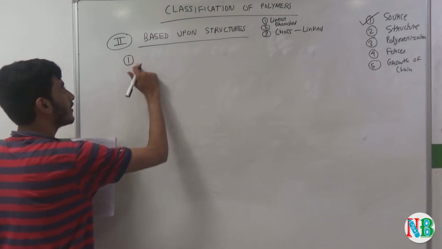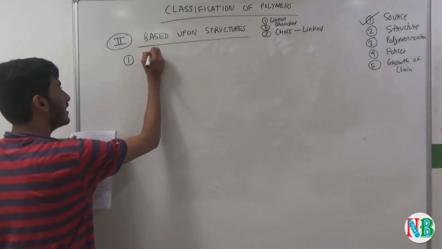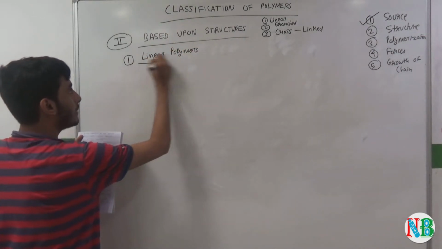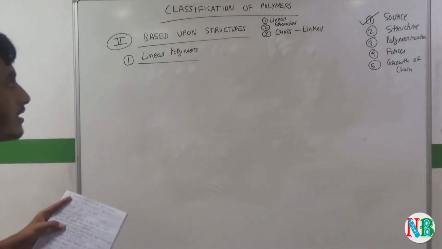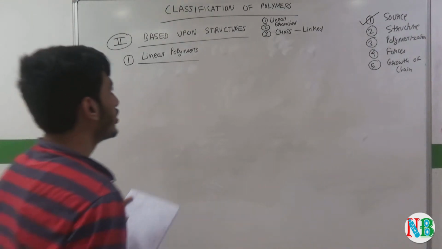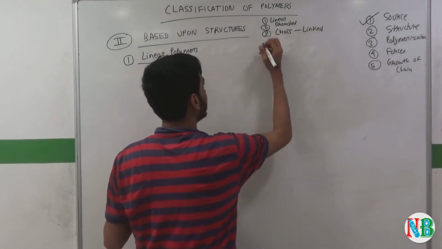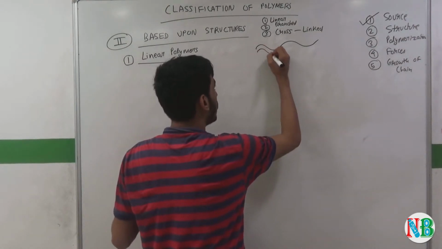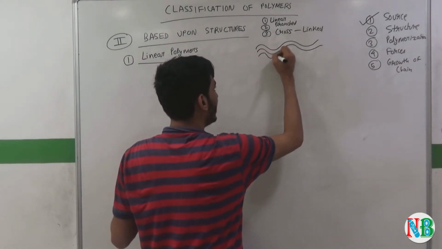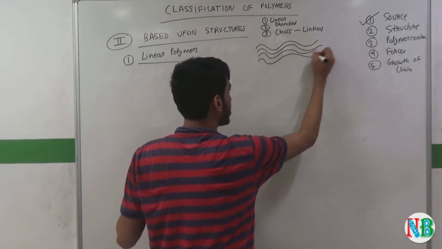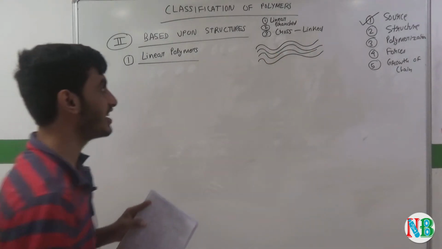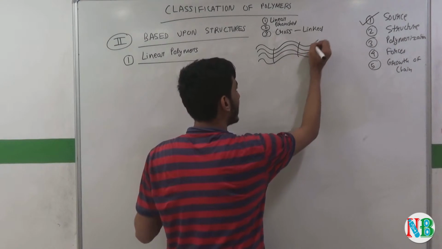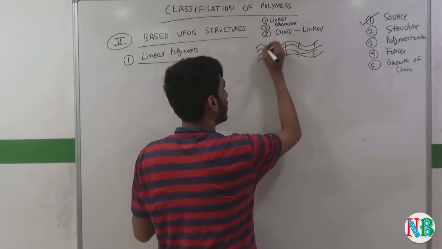The first type of polymers under this section are the linear polymers. As the name itself says, these polymers are linear in shape. If I just draw them, they look like this. The first linear chain, then one more linear chain, one more, one more, and all these chains are stacked one on the other, and they are bonded with some kind of hydrogen bonds.